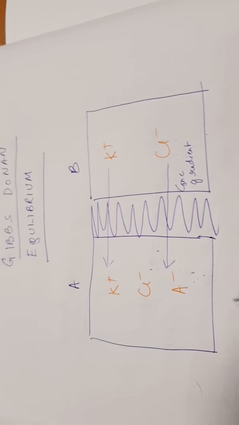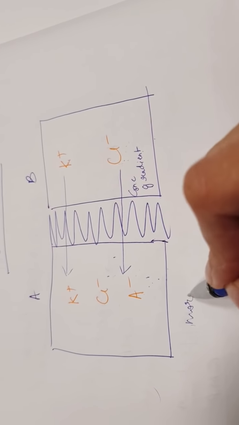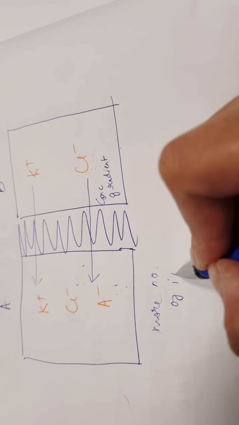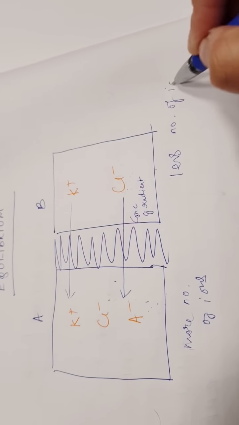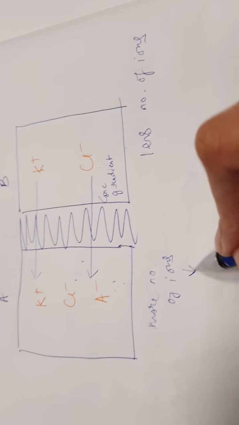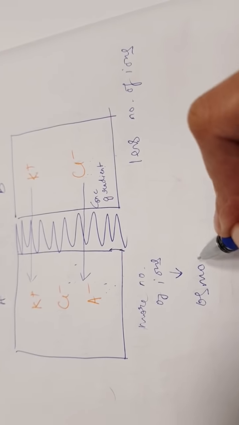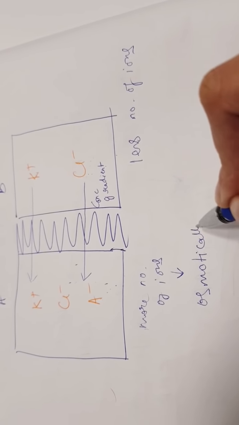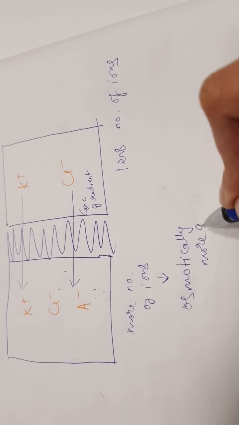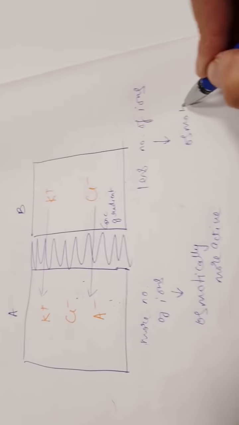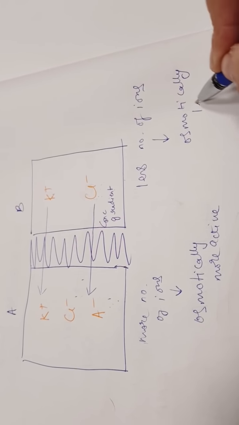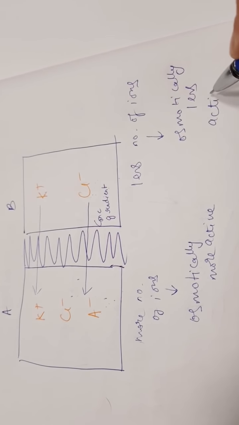So compartment A has more ions, more number of ions. This has less number of ions. As a result, this is osmotically more active and this is osmotically less active.